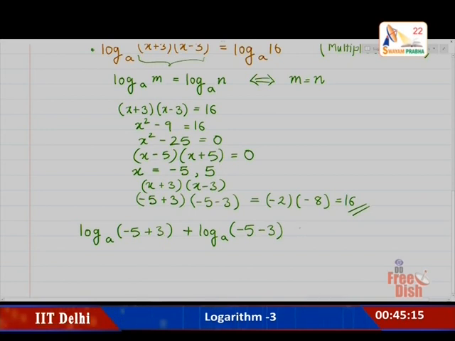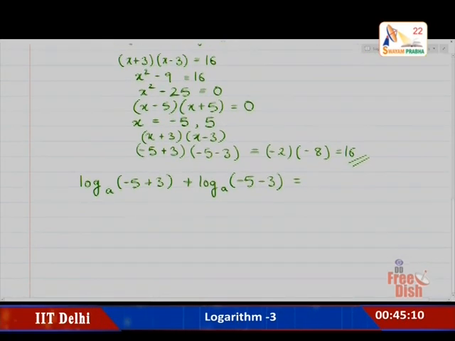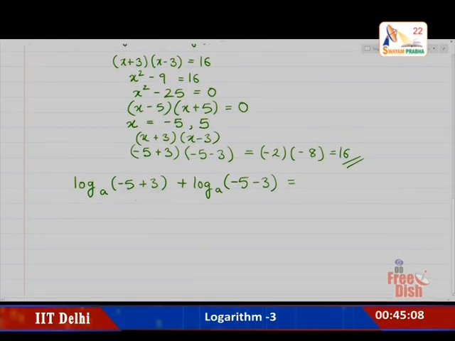Now the question is, is log defined for this particular number? Minus 5 plus 3 will yield minus 2, and minus 5 minus 3 is minus 8. That means I have log to the base a of minus 2 plus log to the base a of minus 8.